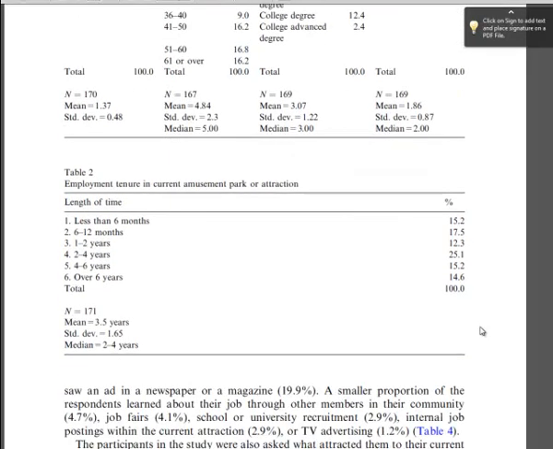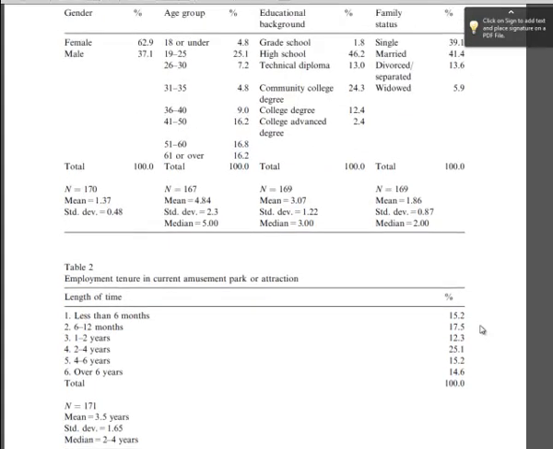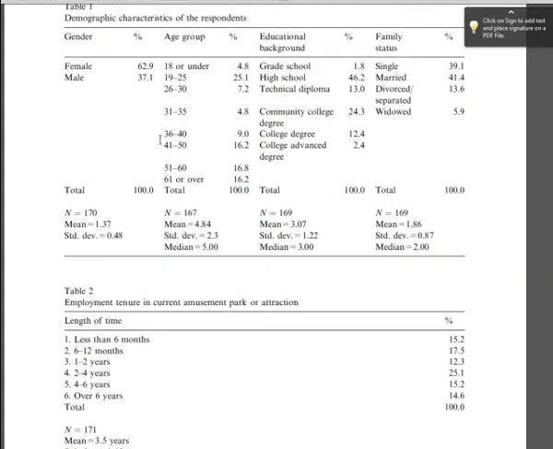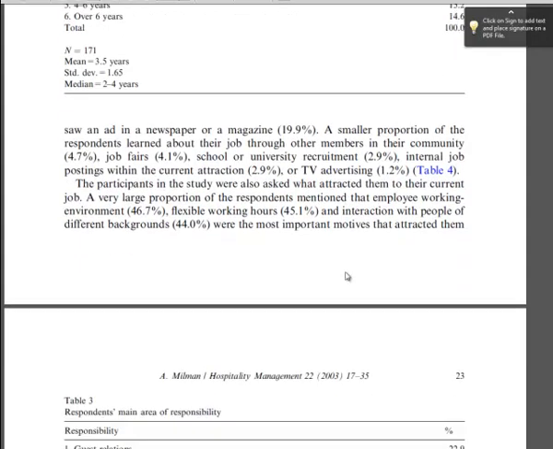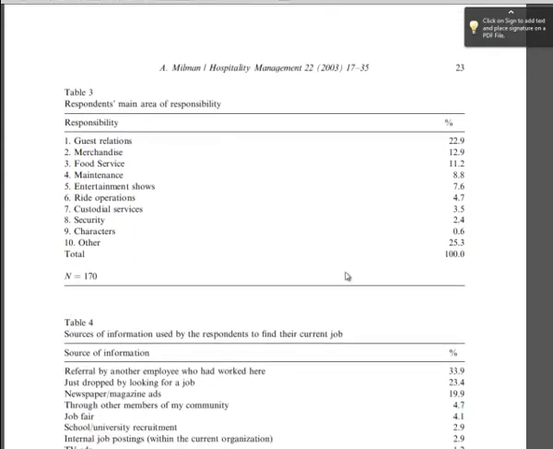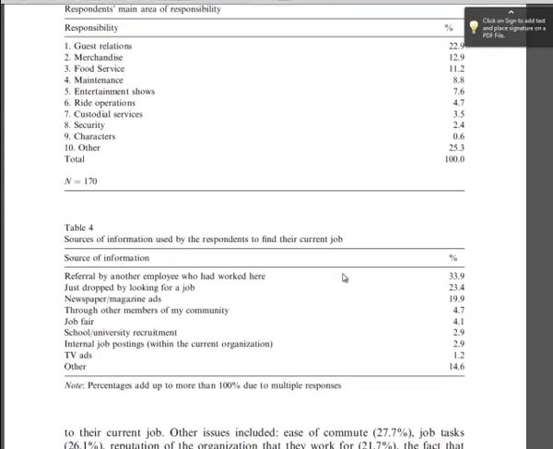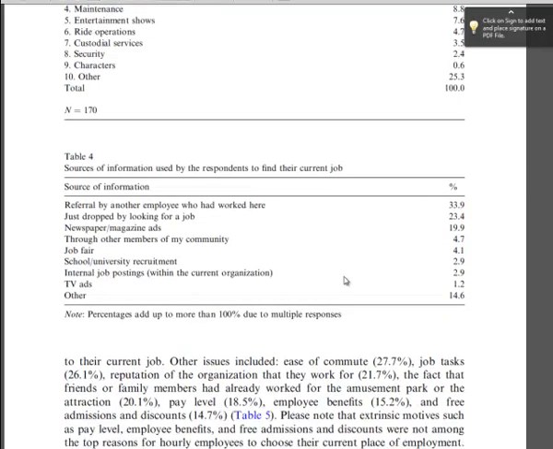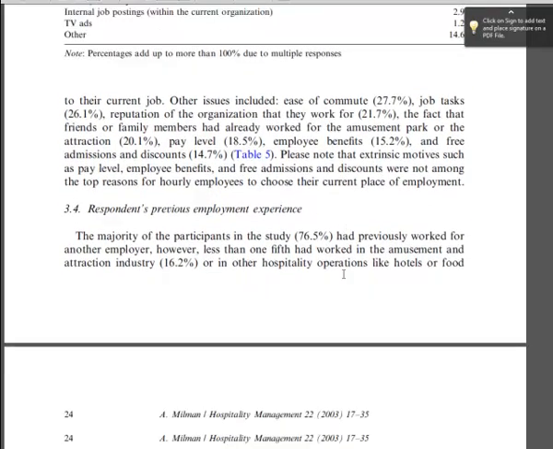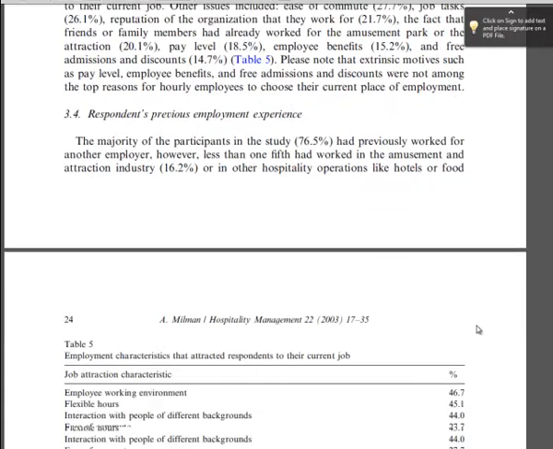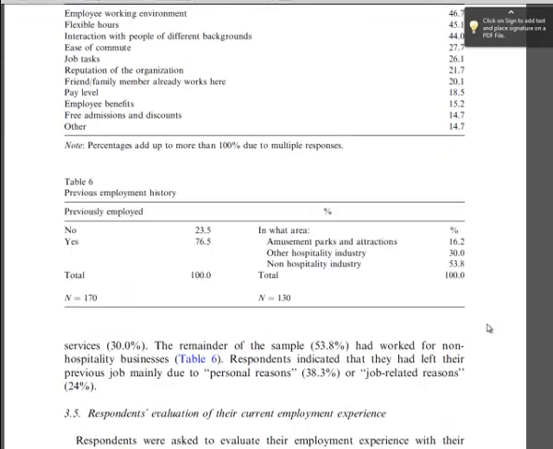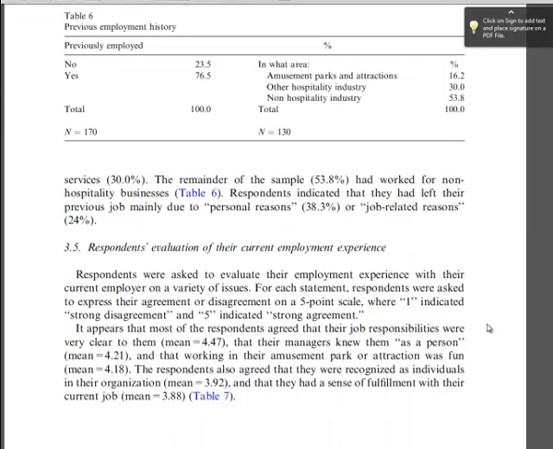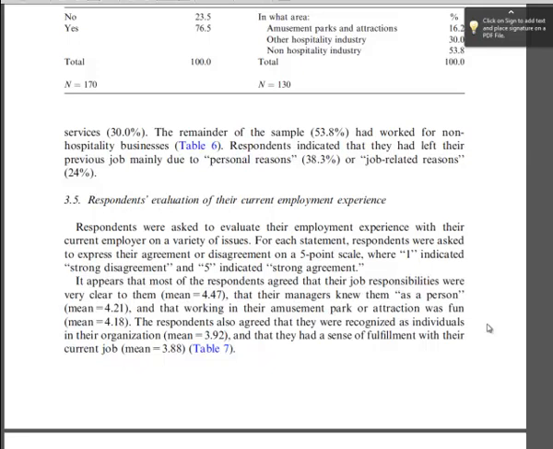Again, you can look at both of these tables and see you've got percentages, means, standard deviations, medians. So all of these are answering descriptive types of questions. Here's where people work, sources of information used by the respondents. We're going to kind of zip through the next several tables because what you would see is that there's a lot of percentage data here. So all of that is descriptive.